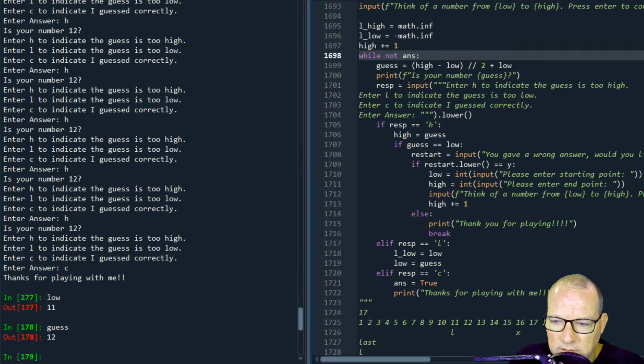Because what I was doing is creating a problem: every time through, when you react and give an answer, I was moving. So this was supposed to get to 11, and I'll never get to 11 because my high point is moving. So all right, let's try this again.